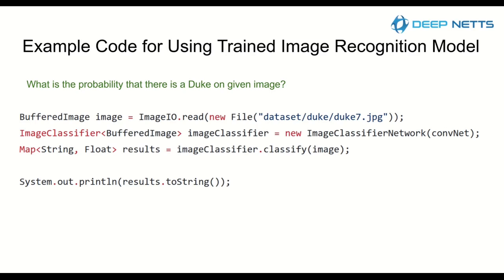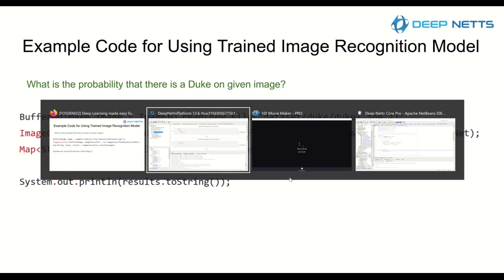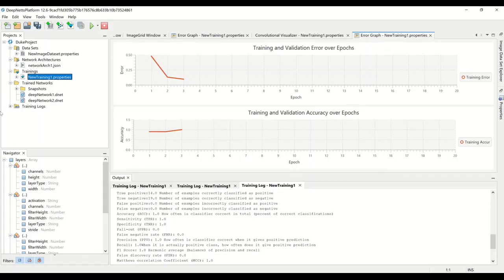Once you train the network, I will show you where it is. I mentioned it. So the trained networks are serialized Java objects.